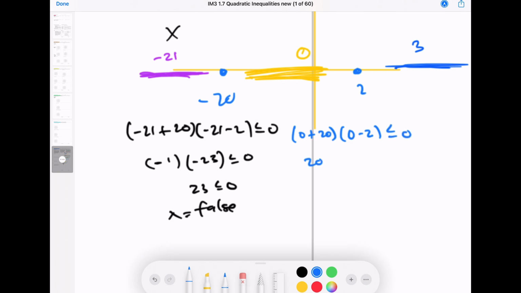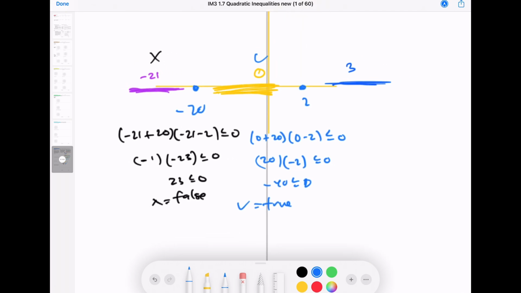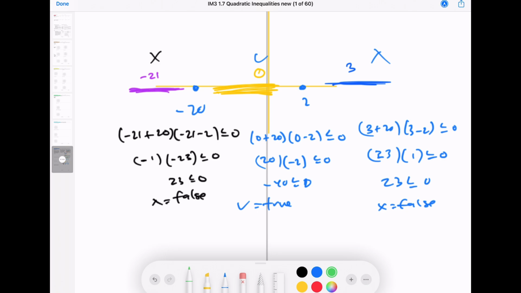So you're going to get 20 times negative 2, negative 40, and that is true. So it's going to be that in between. And let's go to the last one, 3. So 23 is smaller than 0. That is false. Okay, so that means our answer has to be between negative 20 and 2.